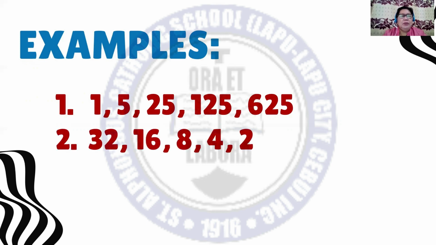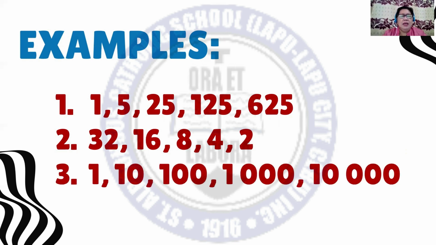Number 2, 32, 16, 8, 4, and 2. This is a decreasing geometric sequence. It has a last term which is 2. So meaning the number of terms is definite. And this is geometric since it has a common ratio which is equivalent to 1/2.